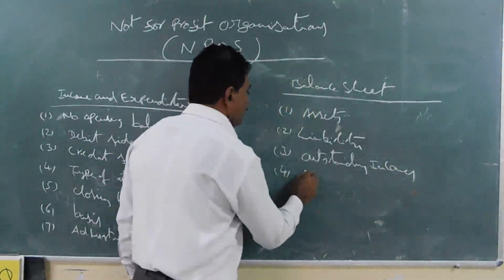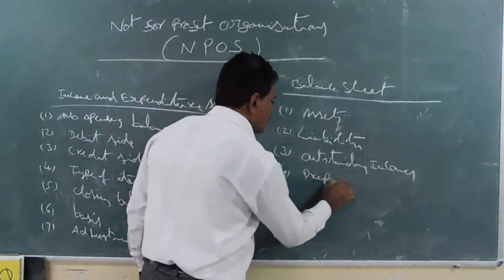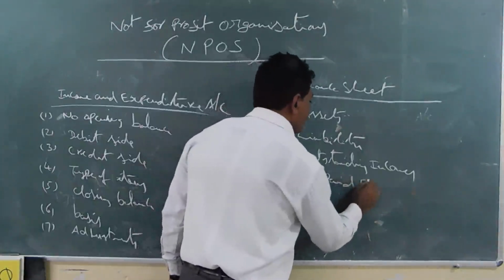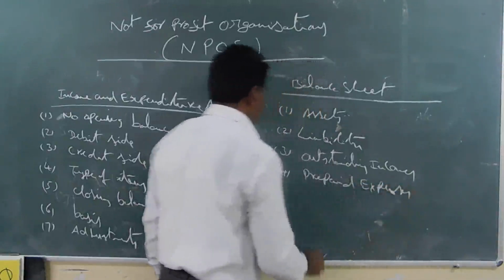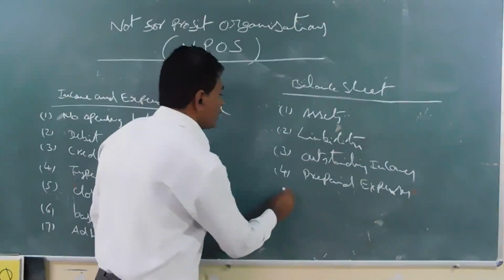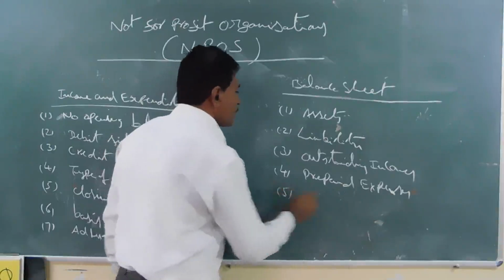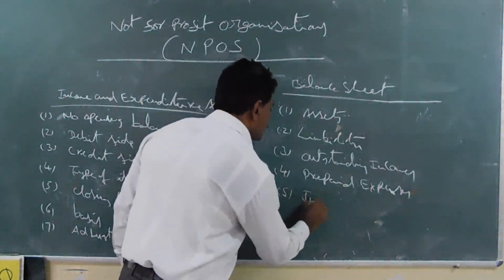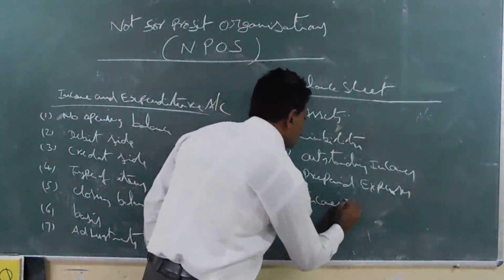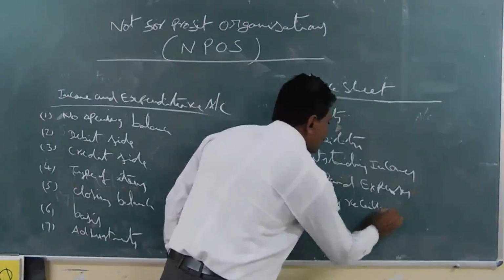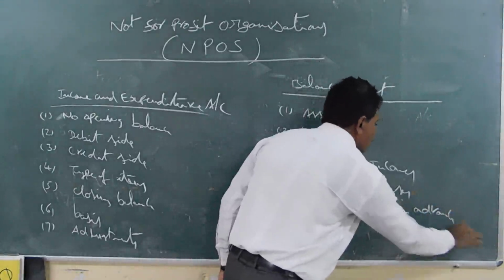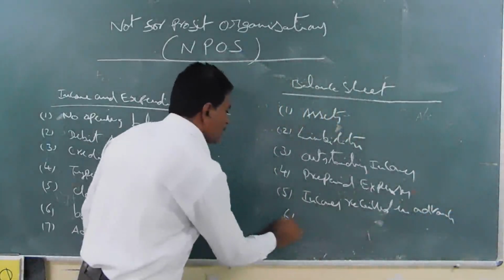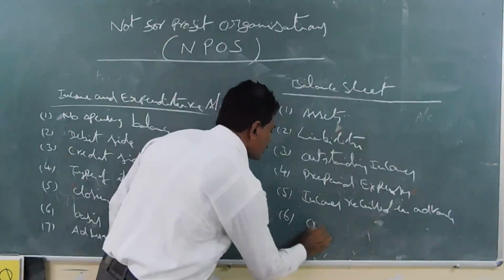Fourth one, prepaid expenses. Next one, incomes received in advance. Next, outstanding expenses.